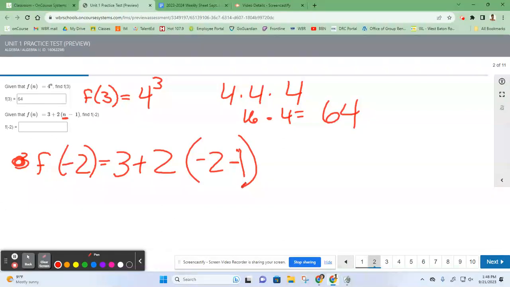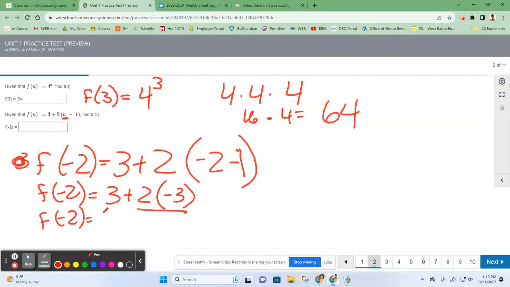So f of -2 is 3 plus 2 times -2, and -1 gives me -3. I do my multiplication first. And this would give me a -6. Positive 3 and -6 gives me -3 for my answer. So f of -2 is -3.